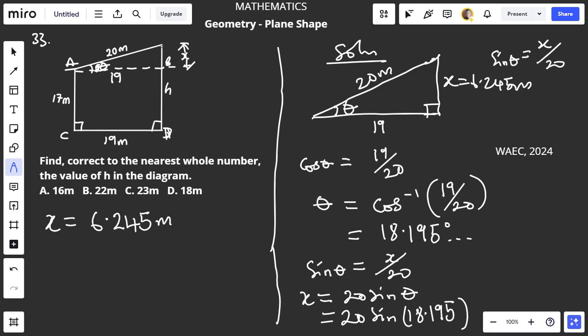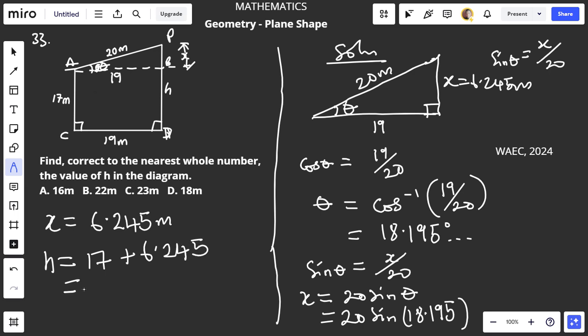However, we were not told to find the distance from here to here. If you call this place P, we were told to find the distance from P to D. We were told to find H. So our H will be equal to, from D to B is 17, and from B to P is 6.245.